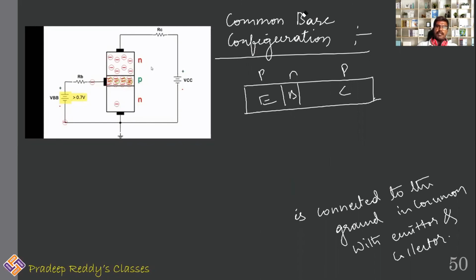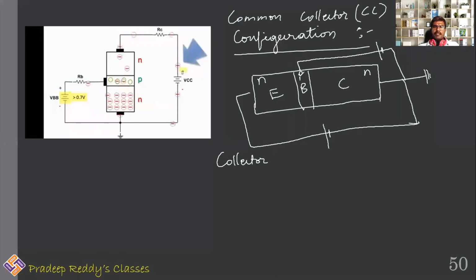Common collector configuration means the collector is in common. It is said to be the CC configuration. So we have connected the collector region in common for both base and emitter. The collector is connected to ground.